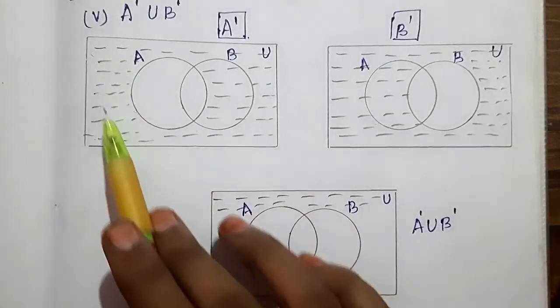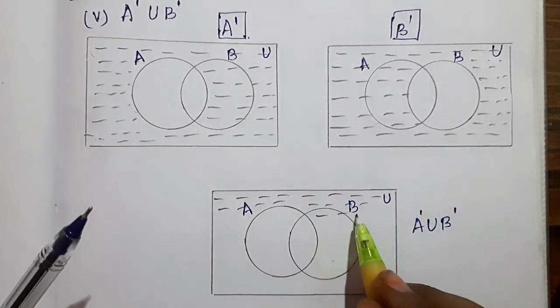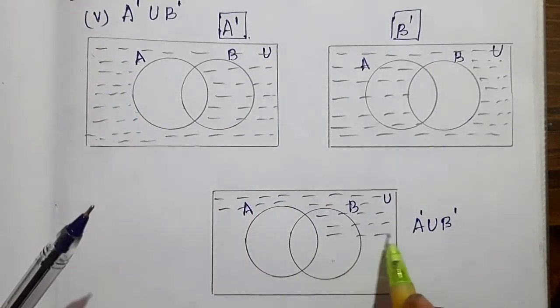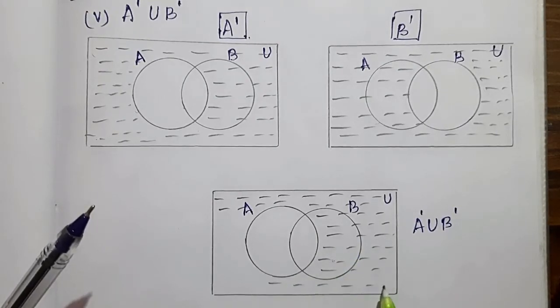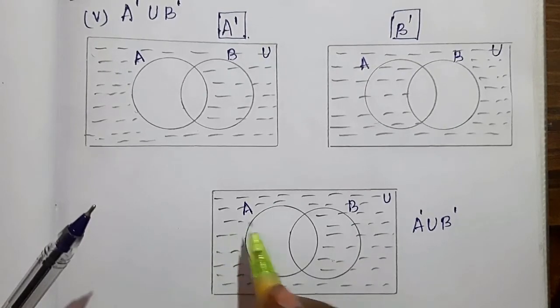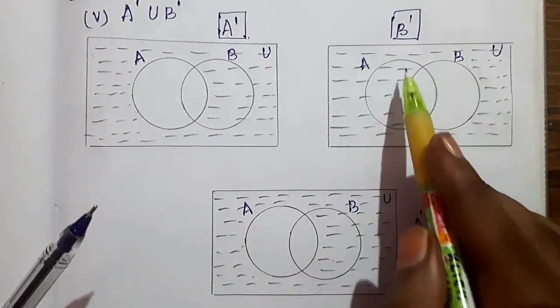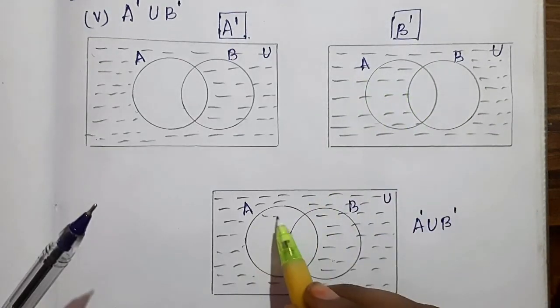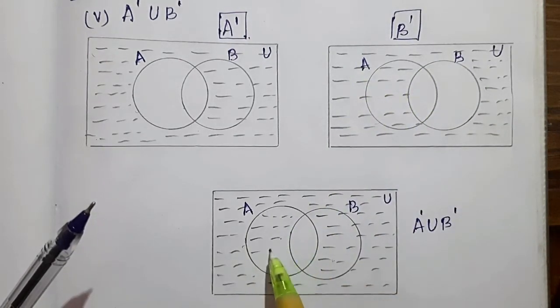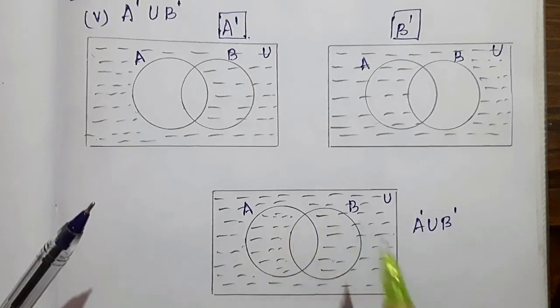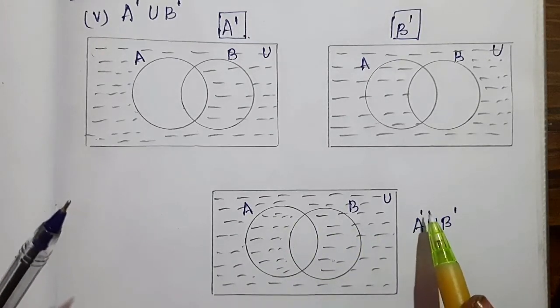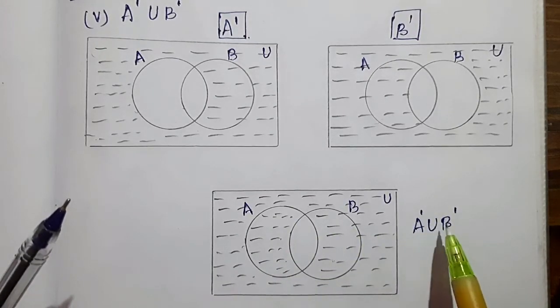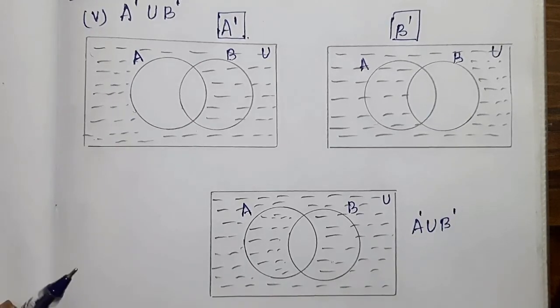So for this set I am drawing first. For this set I am drawing. Union means this also you have to take. So this is A complement union B complement.